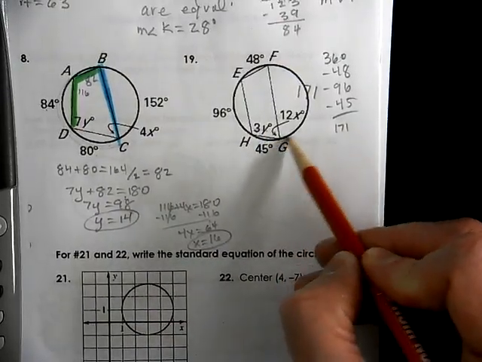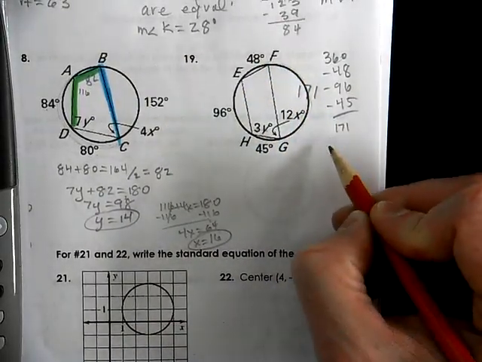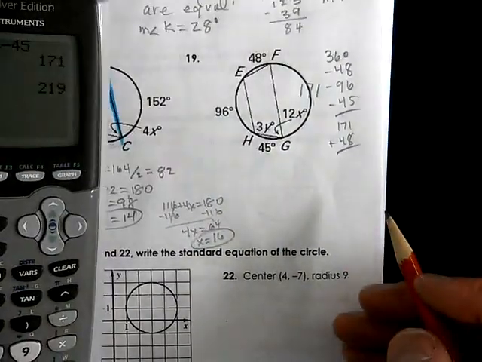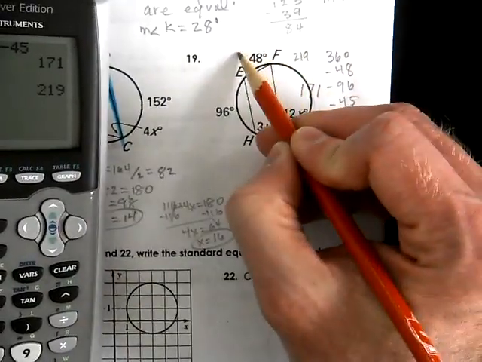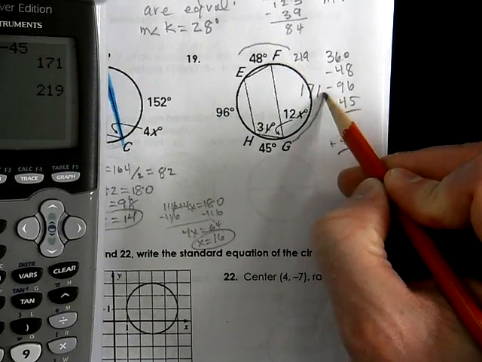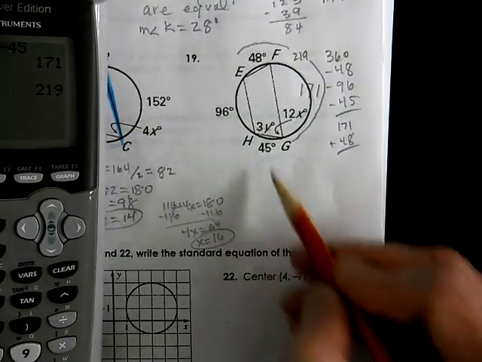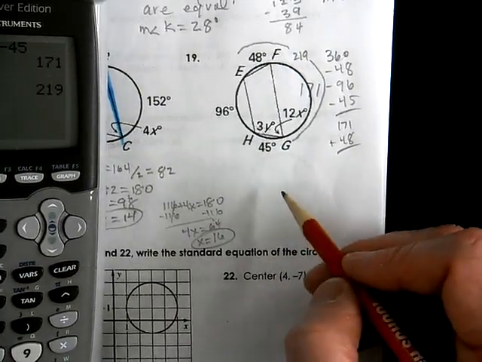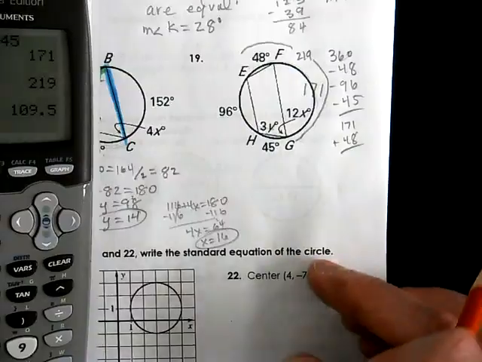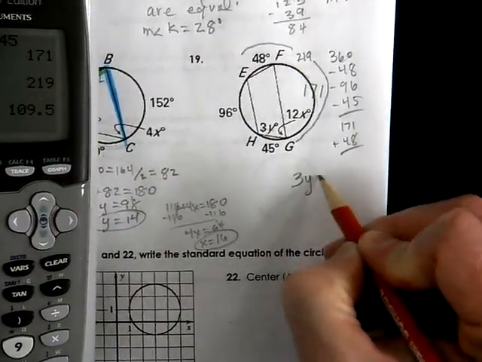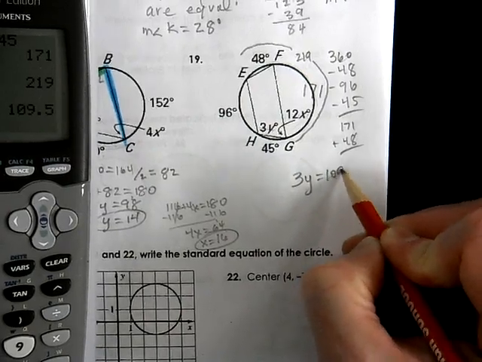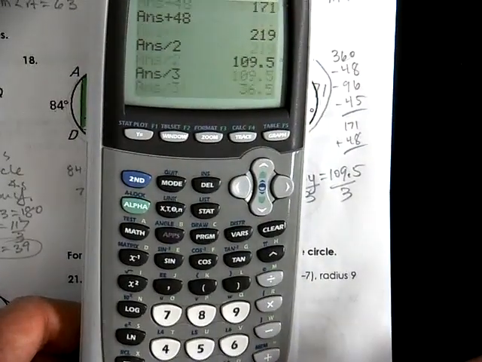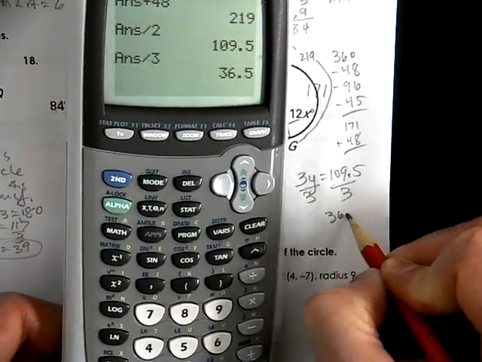We see that this 3y is being the 171 plus the 48, which is 219. So 3y, 219 divided by 2 gives us 109.5. So 3y is going to equal 109.5. And that gives us 36 and a half.